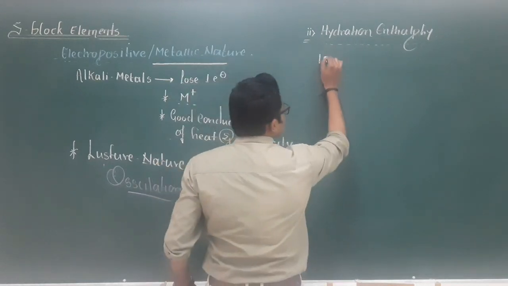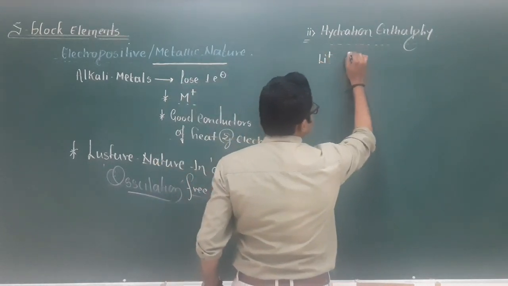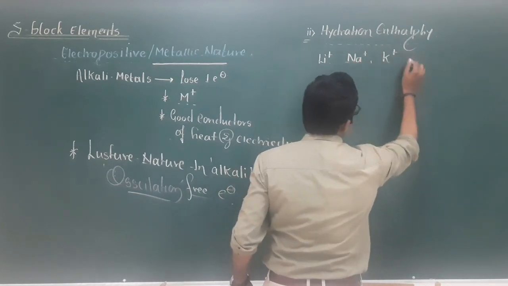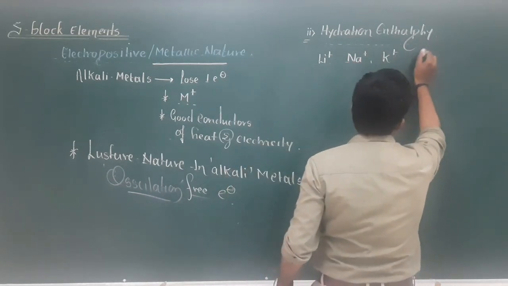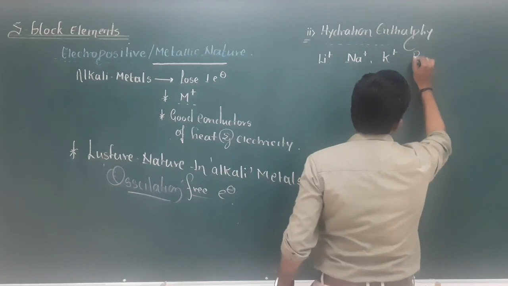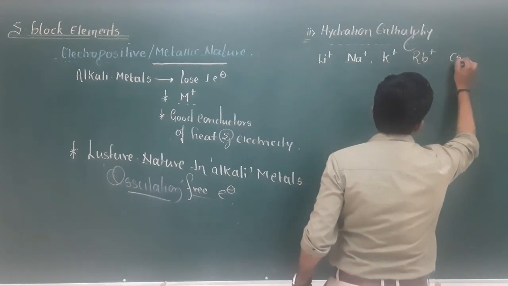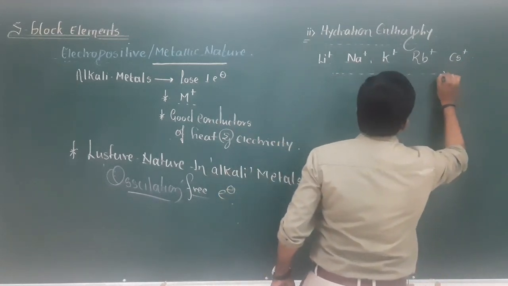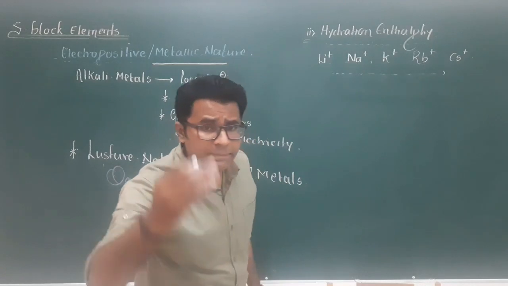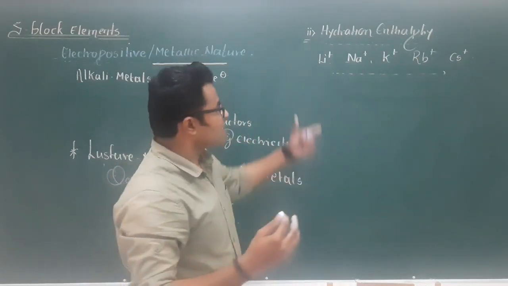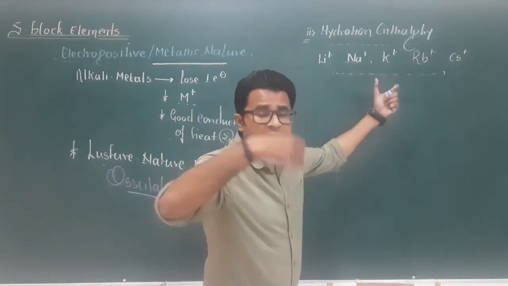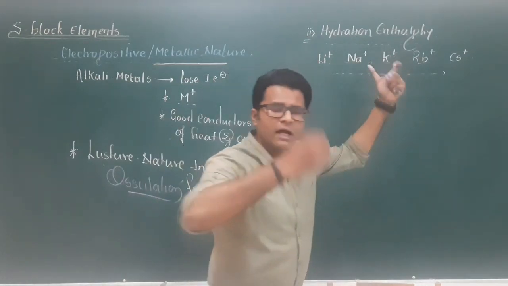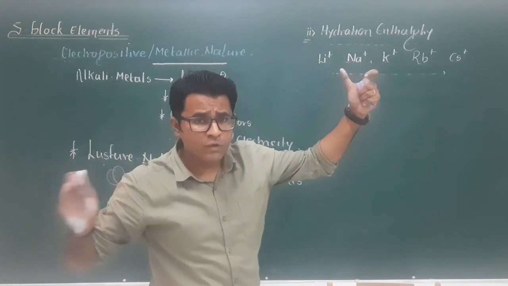It is from the lithium ion to sodium ion to potassium ion, followed by rubidium ion and cesium ion. As we go from the top to the bottom, the hydration enthalpy goes on decreasing. That is, how much energy is released when one molecule of these ions combines with one molecule of water.